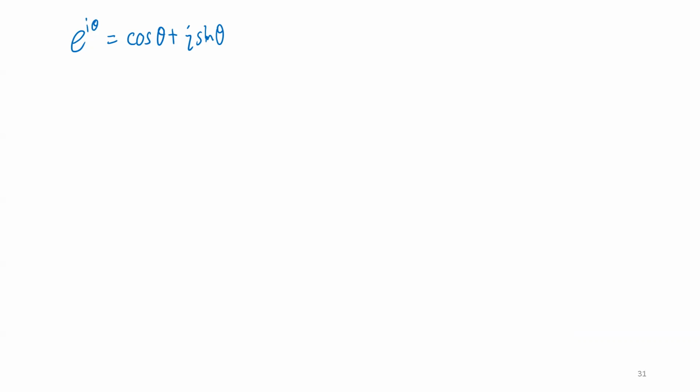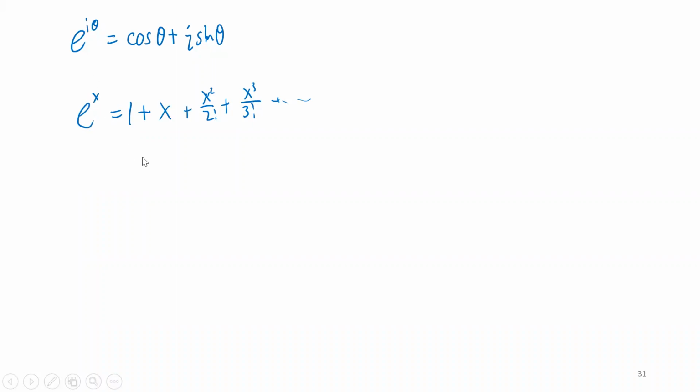Remember the Taylor series we have learned: e to the x is 1 plus x plus x squared divided by 2 factorial plus x cubed divided by 3 factorial and so on. In fact, we basically take this infinite series as the definition of the exponential function, and then we allow the input of this function to be this complex number.